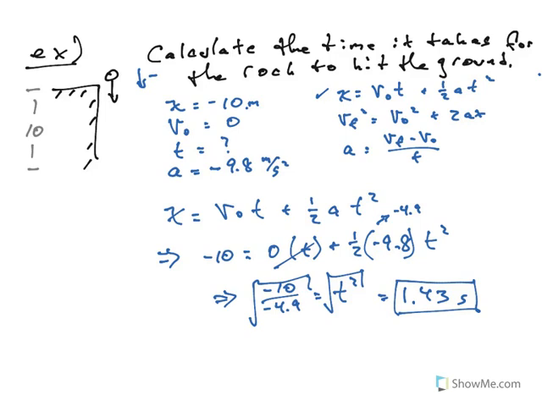You can see this is one-dimensional because the rock is only moving vertically. Now I'm going to do a very similar problem, only now the rock is not going to move purely vertically, but in a two-dimensional way. So here's the example. Let's take the same cliff. Here's my little cliff. Here's the rock. This time I'm going to throw the rock horizontally with an initial velocity of, let's say, 20 meters per second.